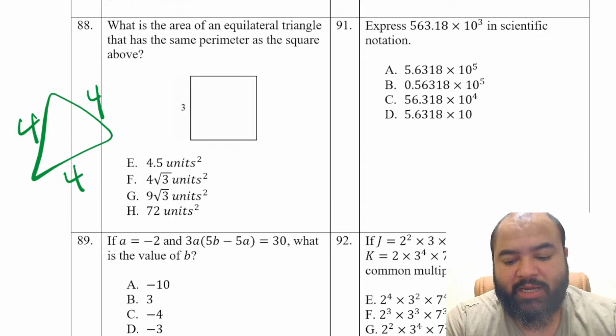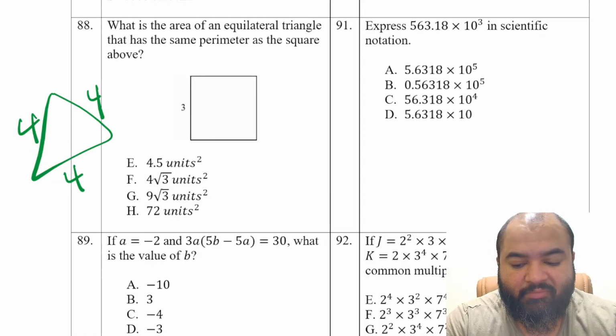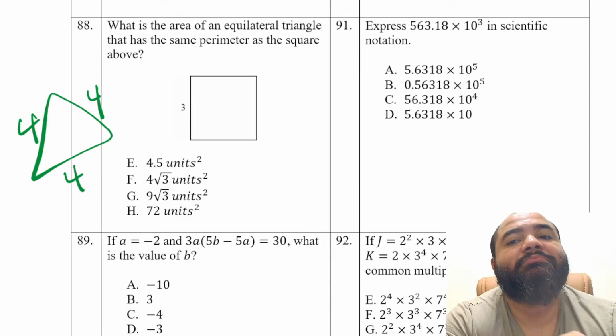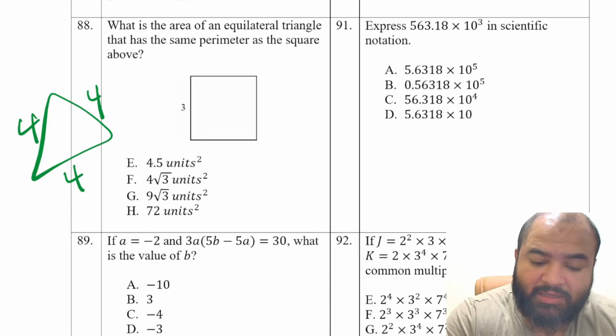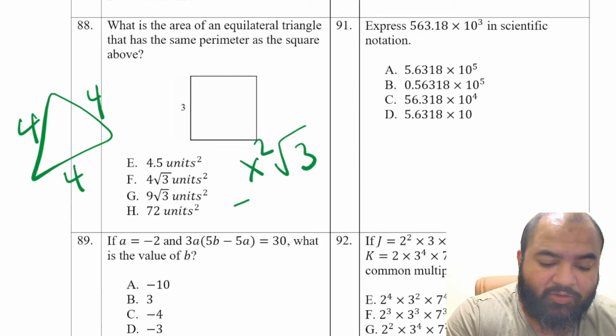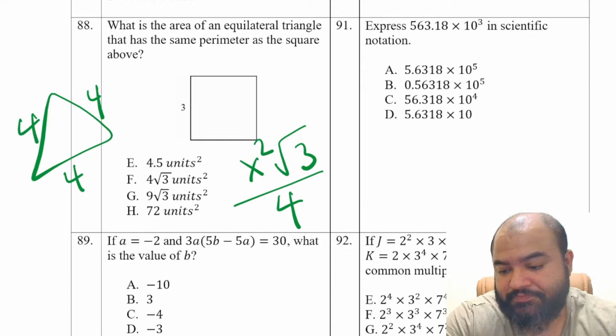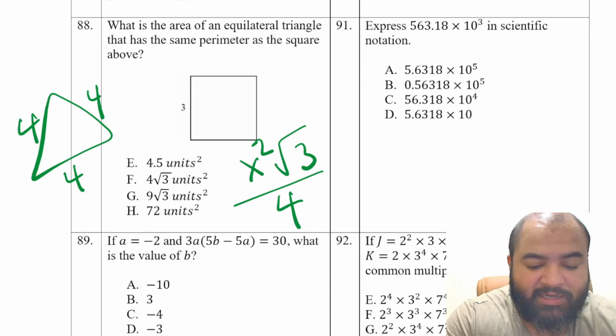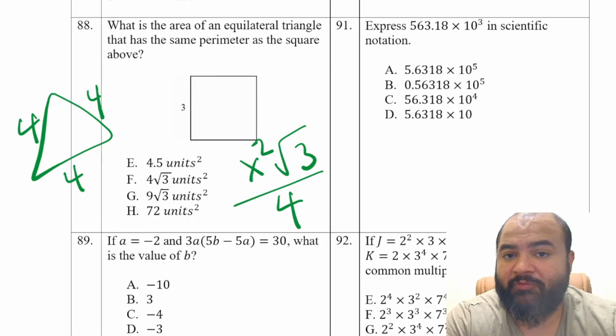Area of the equilateral triangle. It's x squared radical 3 over 4. X is the side length. Okay, it's a pretty simple formula, like learn it.